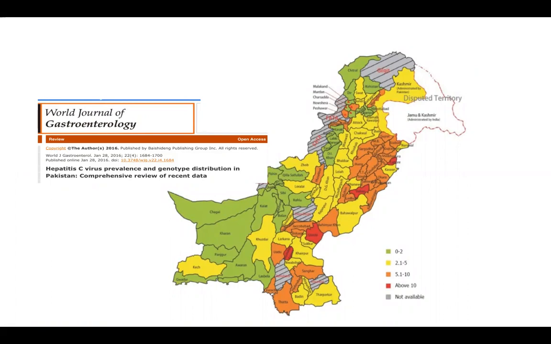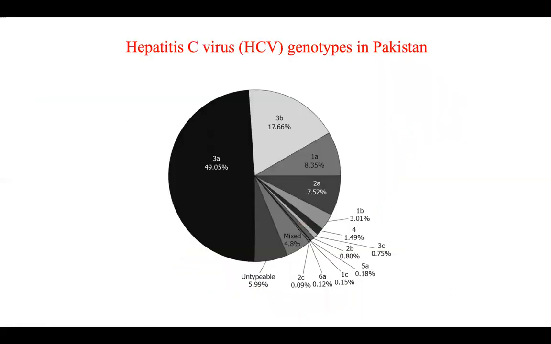The prevalence of hepatitis C in our country is massive, anywhere between 2% and, in some districts, unfortunately, up to 30%. The commonest genotype in Pakistan is 3, followed by 2.